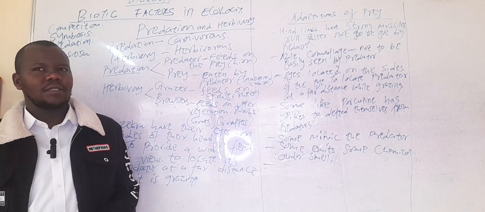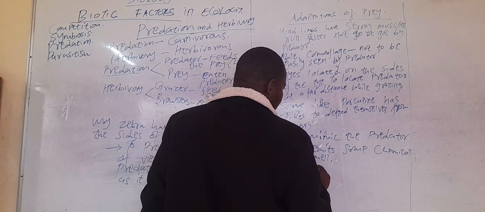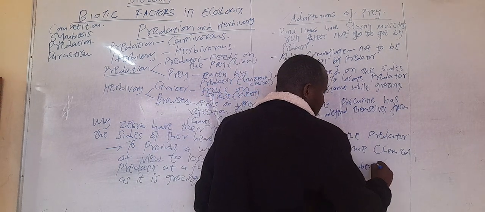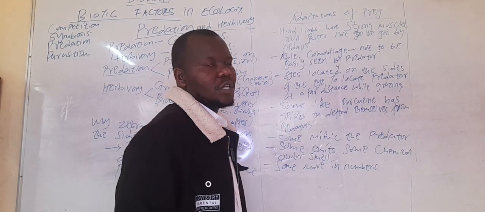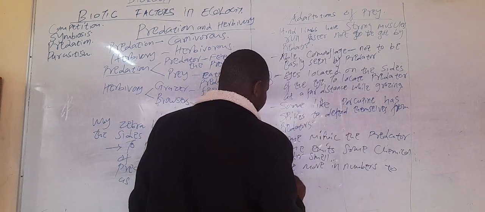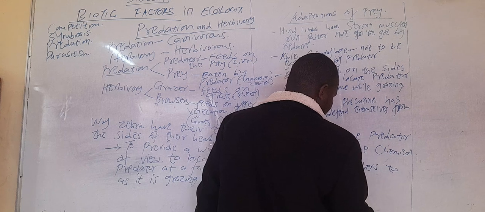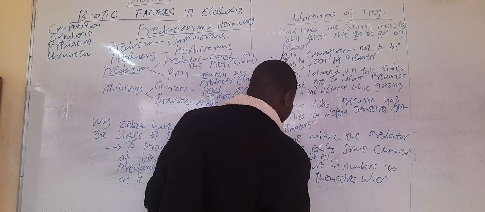They go in numbers. Some do what? Move in numbers. An example is the wildebeest, especially the large animals. And the importance for these ones is to do what? To defend themselves when attacked.